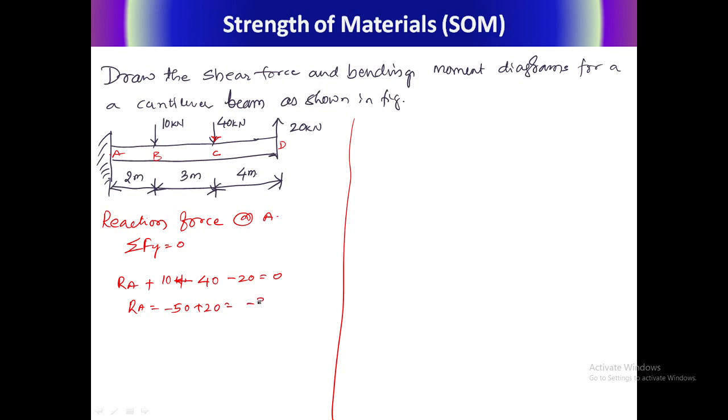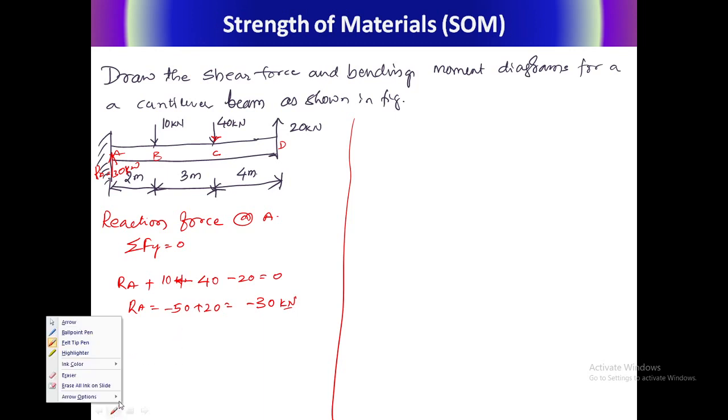This is equal to minus 30 kilonewton, right? So now the reaction force is acting in the upward direction with a value of minus 30 kilonewton. That means as you selected the direction in the upward direction, as it has a minus.